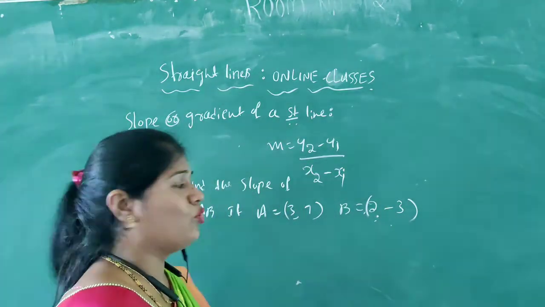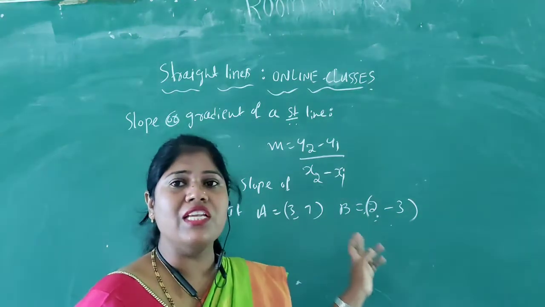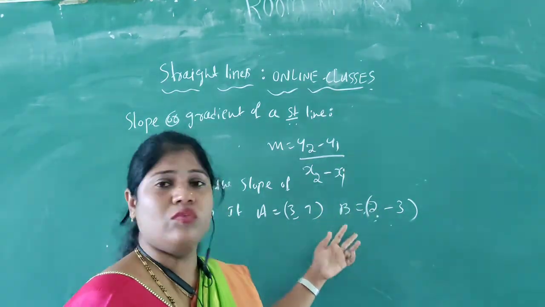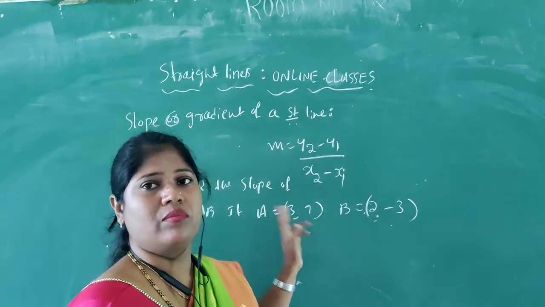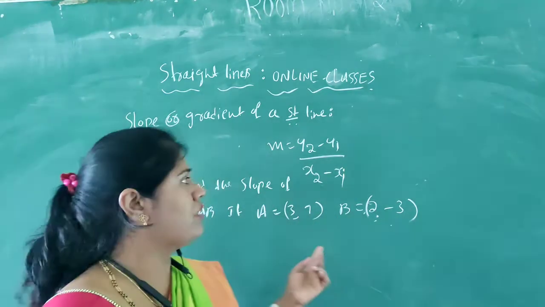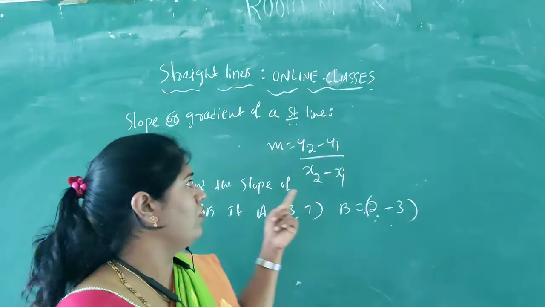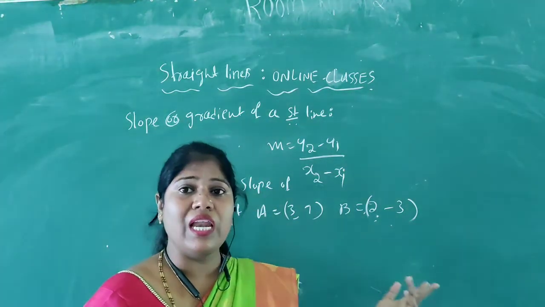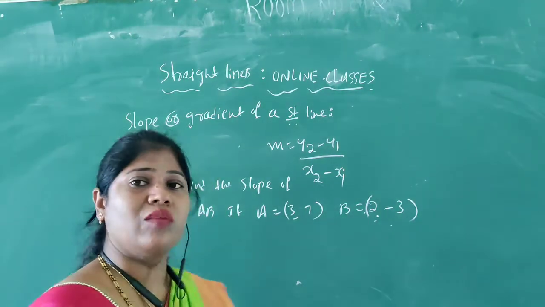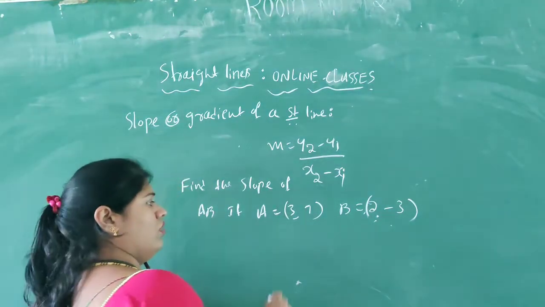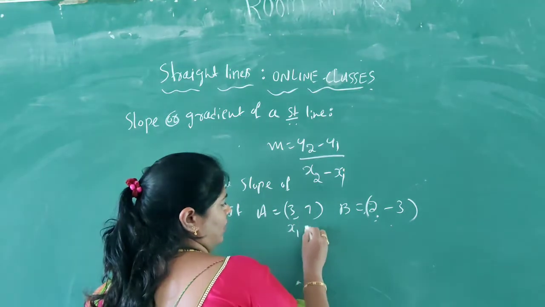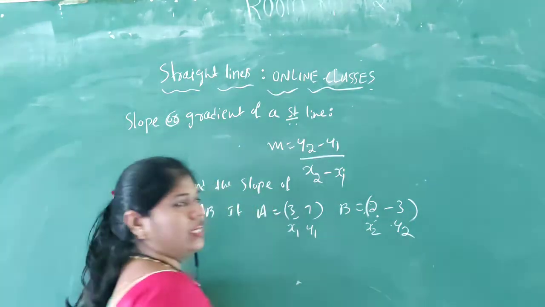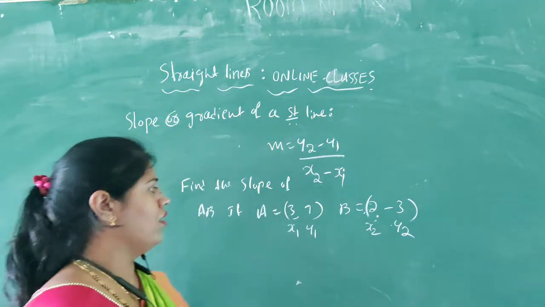See here there are two points, the equation of the line joining the two points. The first method we have done, that is m is equal to tan theta, where the theta value is given. Here, the equation of the line joining the points is nothing but the two-point form. So we should write as x1, y1, x2, y2.